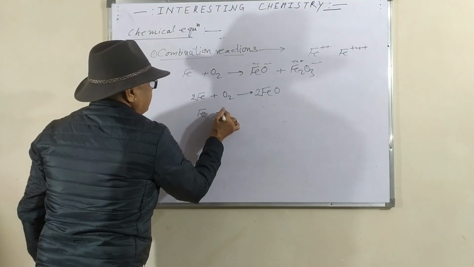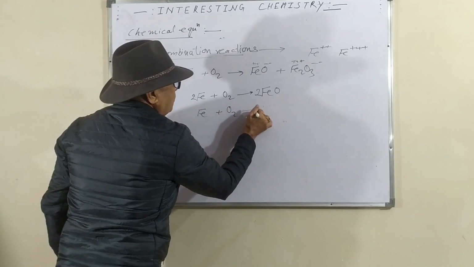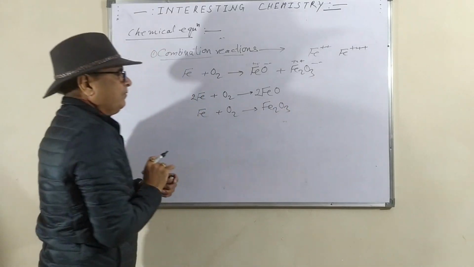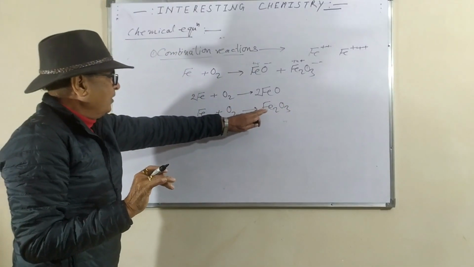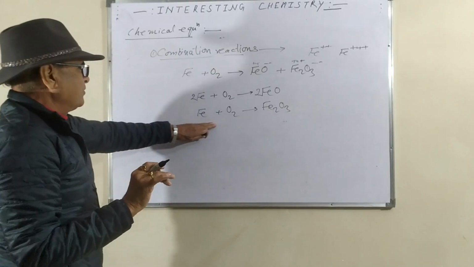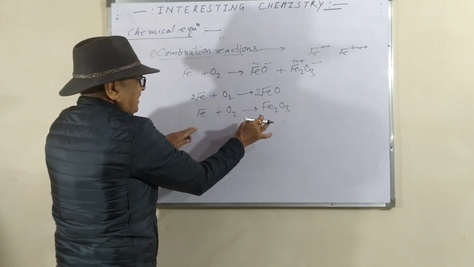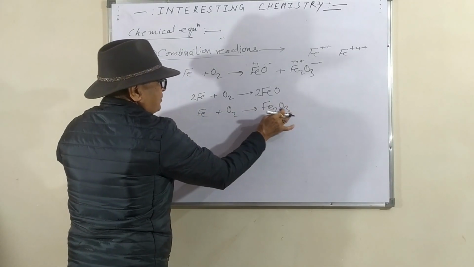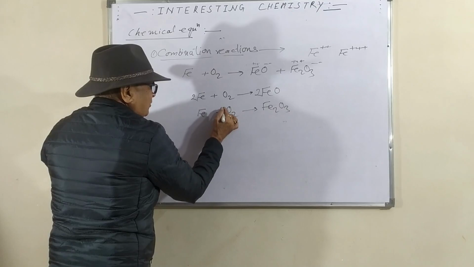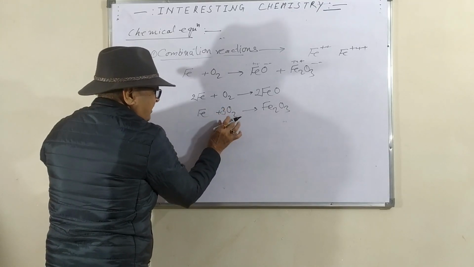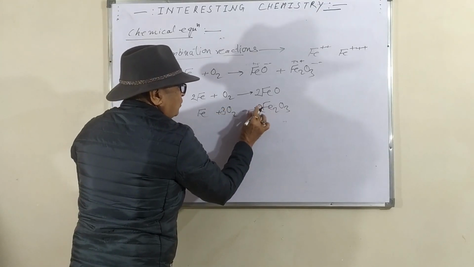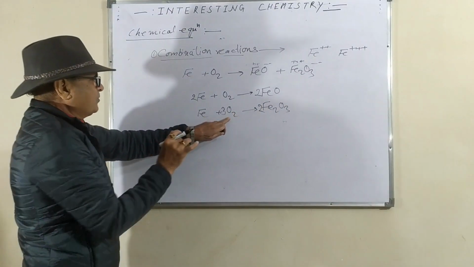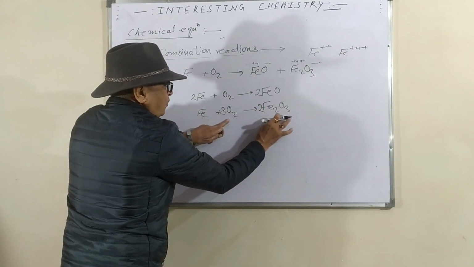Again, Fe plus O2 forms Fe2O3. How will you balance this? Fe2O3 has 3 oxygens, so you can write 3O2 for 2 Fe. 2 into 3 is 6 oxygens, and 3O2 is 6 oxygens. Oxygen is balanced, so here are 4 Fe.